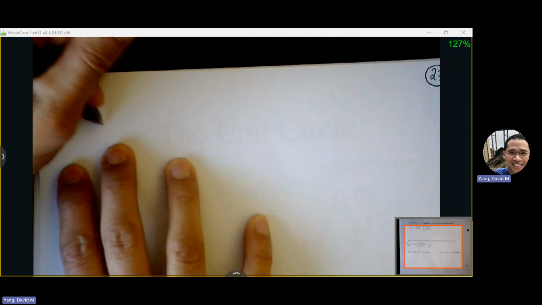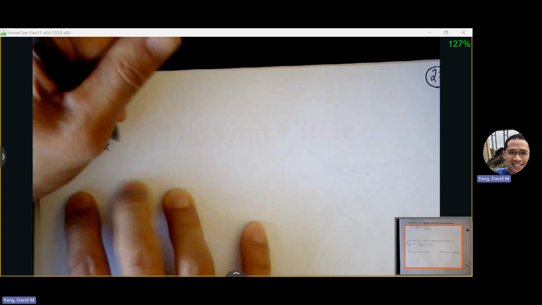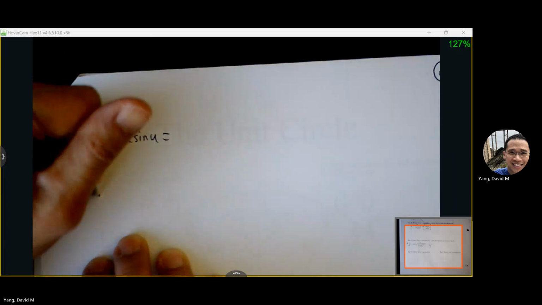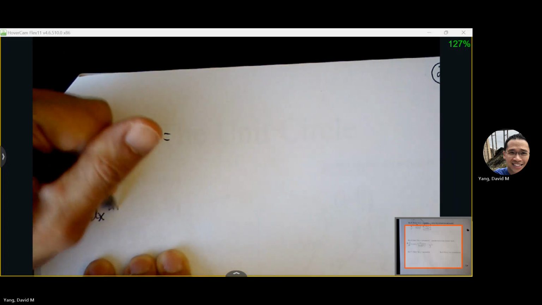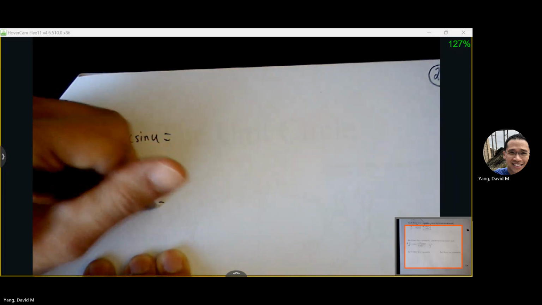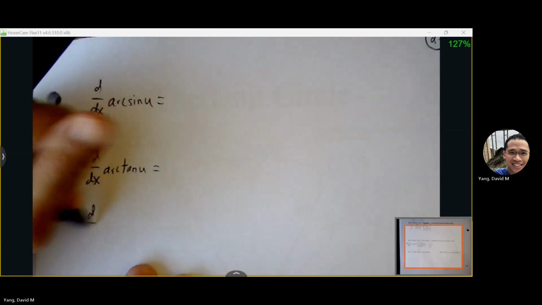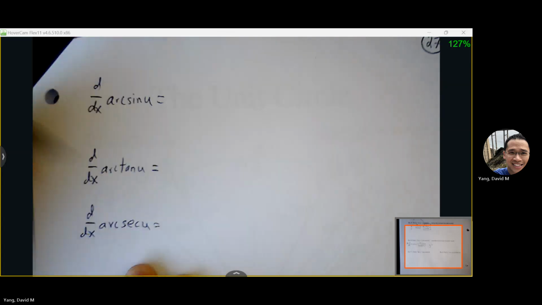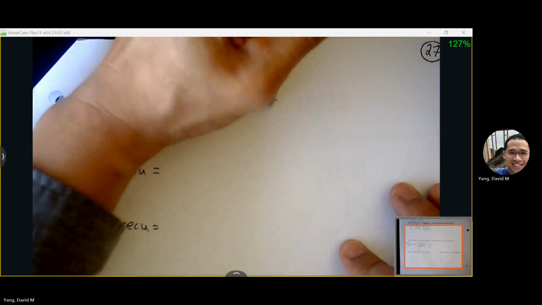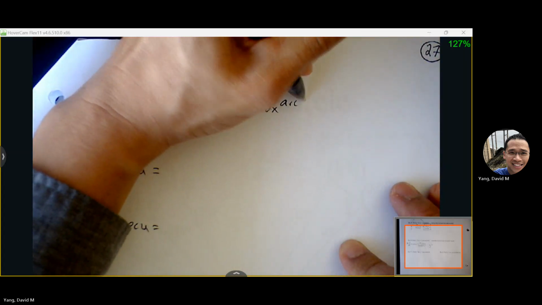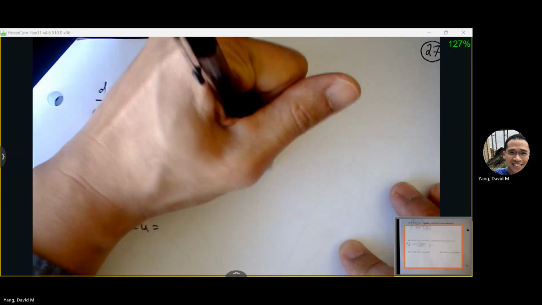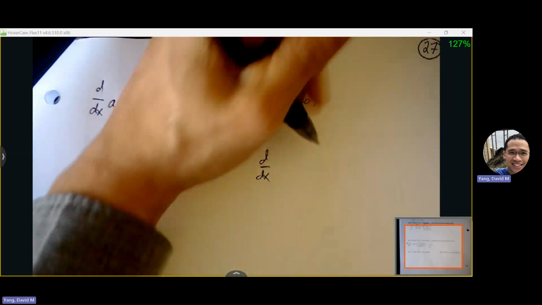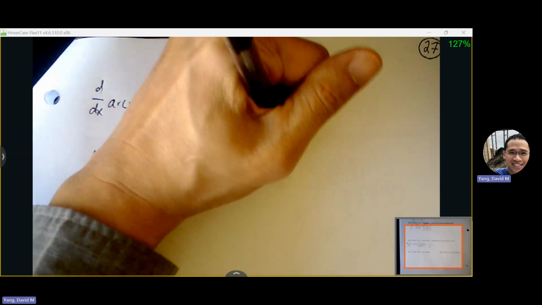So I'm going to write them in this order here. So much the same way that we've done with trig, but we're just putting arc in front of these trig functions here.